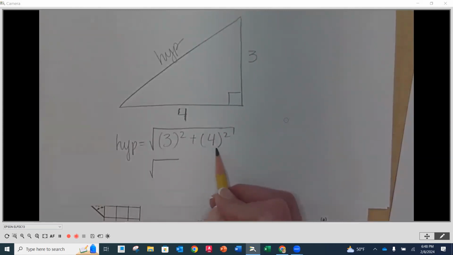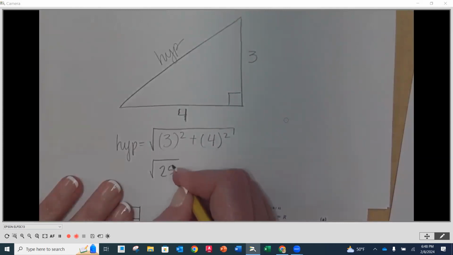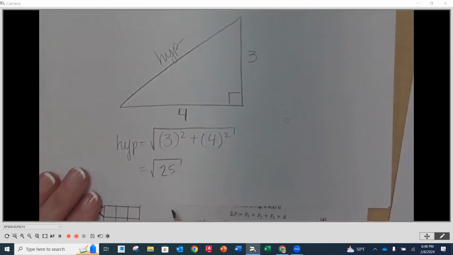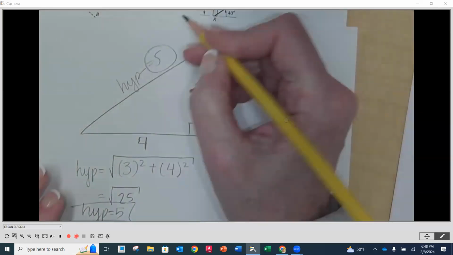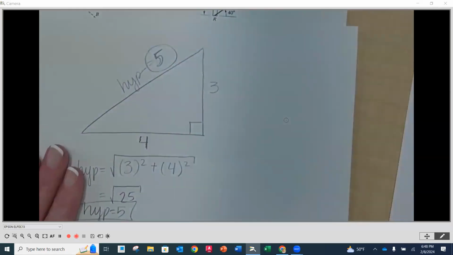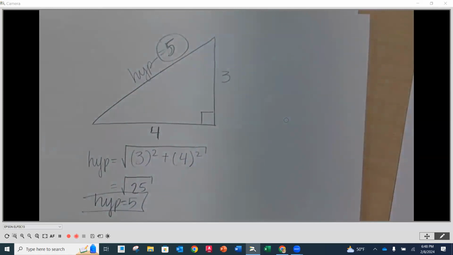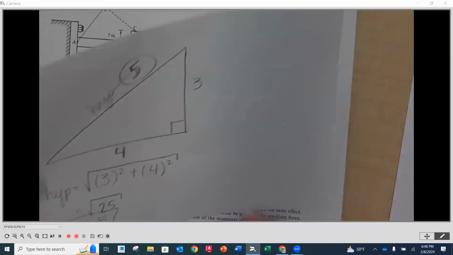What is 4 squared? 16. What's 16 plus 9? 25. What's the square root of 25? 5. Okay, so our hypotenuse is 5 units long. So it's a 3, 4, 5 triangle. As I said earlier, this becomes a shortcut for us.